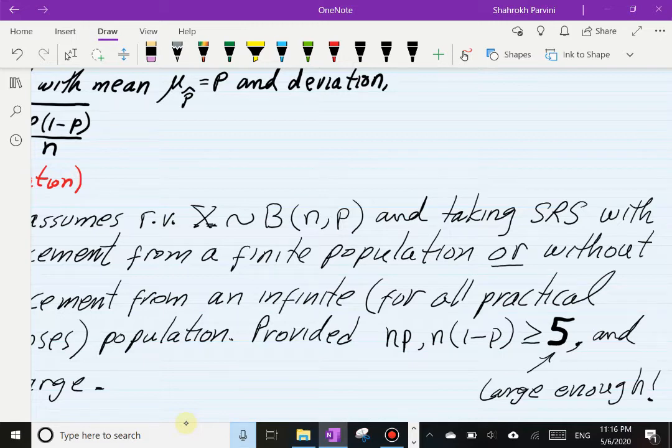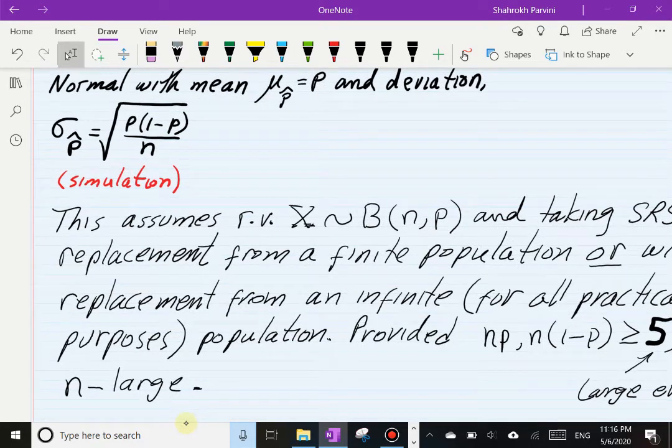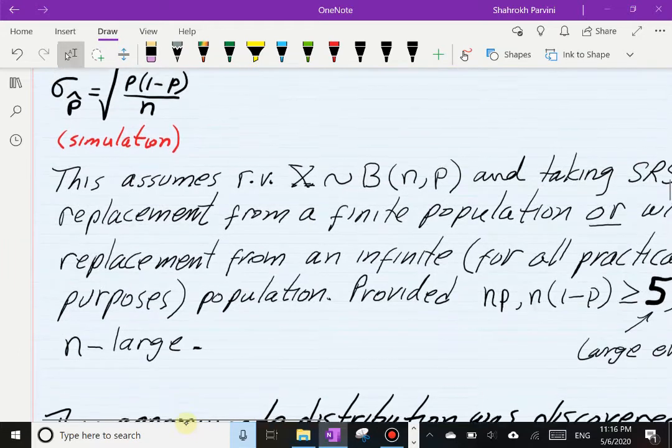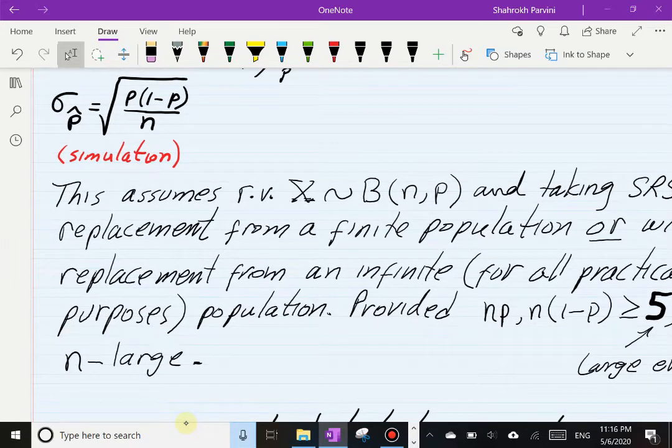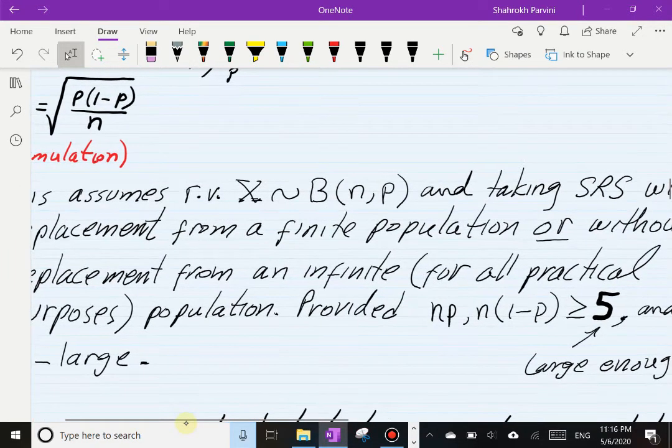And one note about this product, n p and n times 1 minus p at least 5: some other textbooks and sources suggest that instead of 5, this should be at least 10.